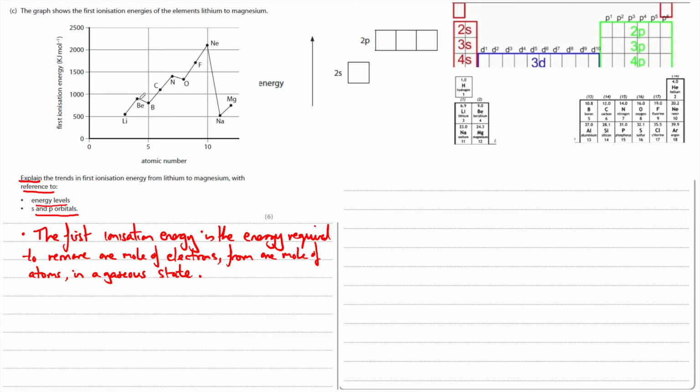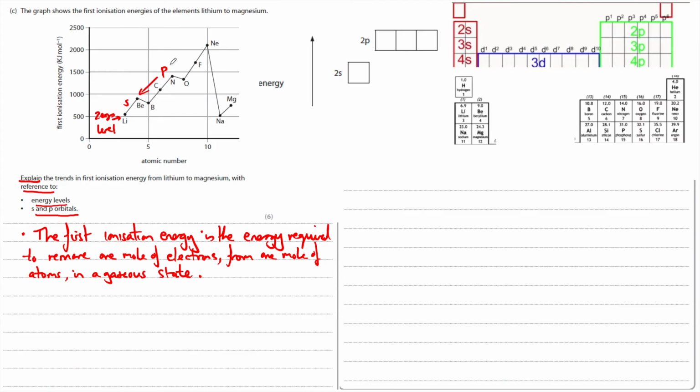But secondly, you've got to explain these drops here and here. Well, first of all, remember this is the second energy level going through between lithium and neon. But remember that energy levels have sub-orbital energies. So this is the s subshell, then you go into the p subshell.